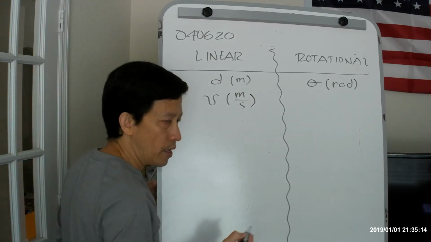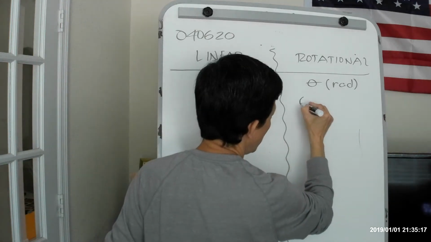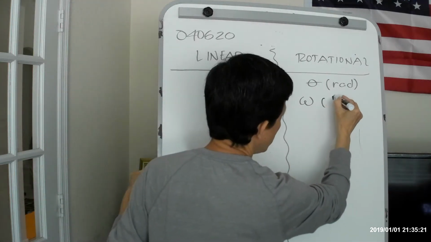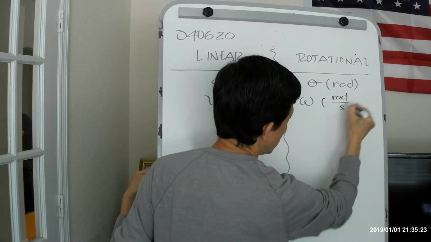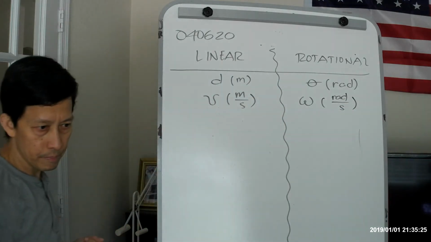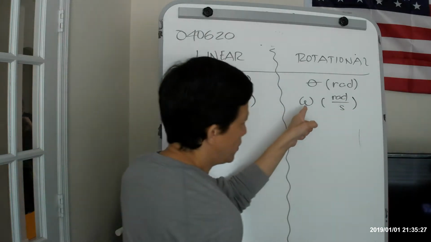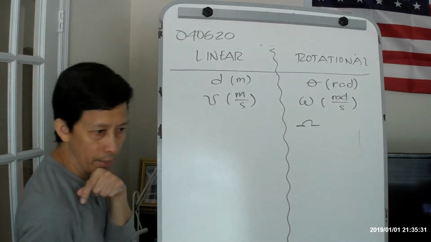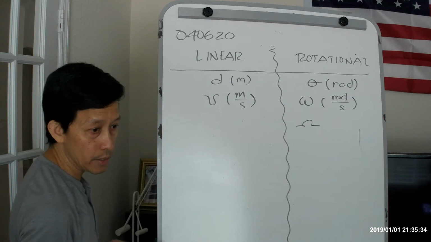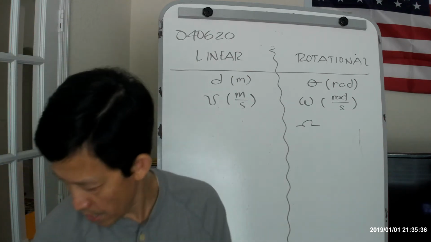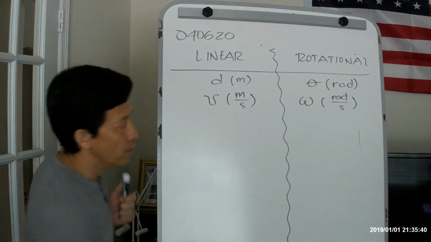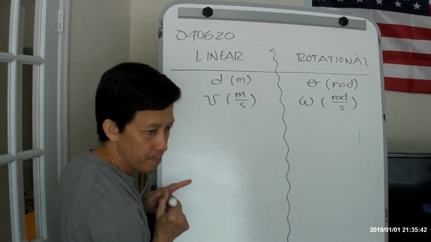For angular, it turns into omega, expressed in radians per second. Now this is omega lowercase. This is also omega, uppercase. But we're using this one. So that's angular velocity or angular speed.